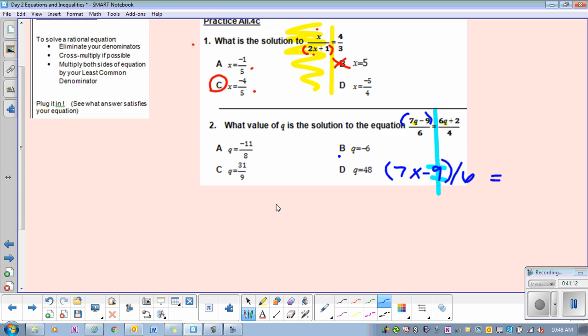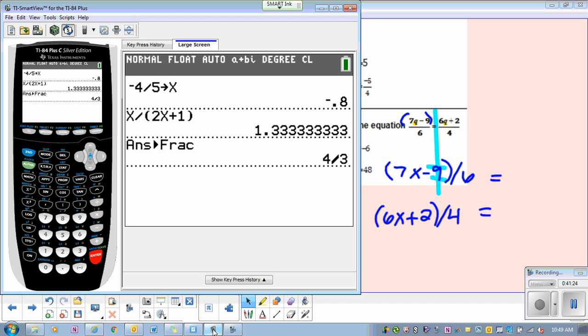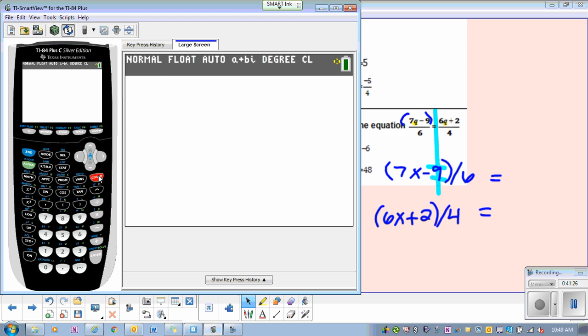We're going to see if that is the same as parentheses 6x plus 2 divided by 4. Does that make sense? So plug in, was it -6? -6 store for x. Plug in the left-hand side, 7x minus 9 divided by 6.